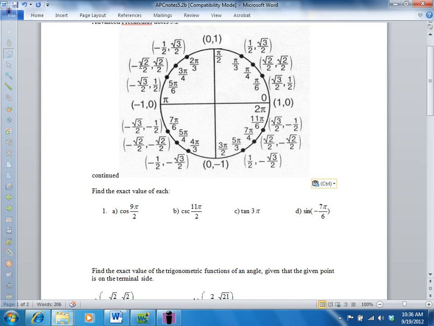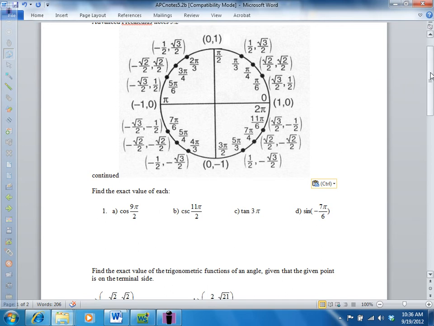Cotangent is negative 1. Cosecant is the reciprocal of sine, which is positive root of 2. And secant is the reciprocal of cosine, which is negative root of 2.